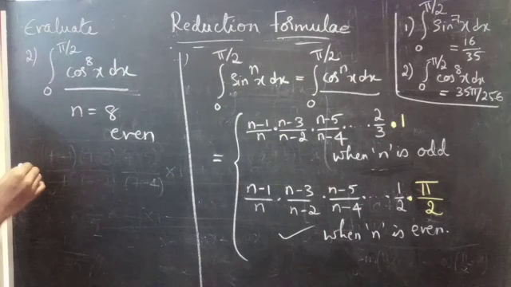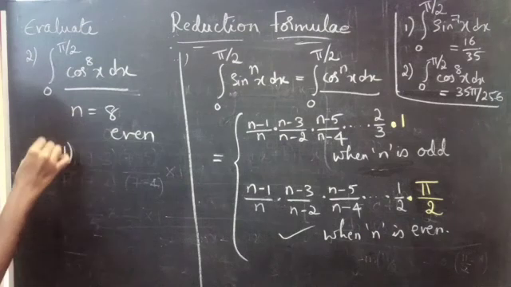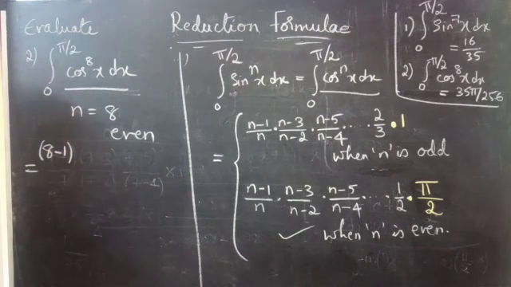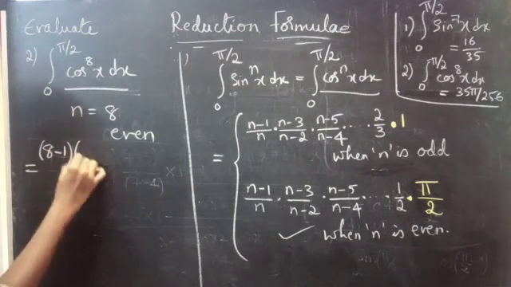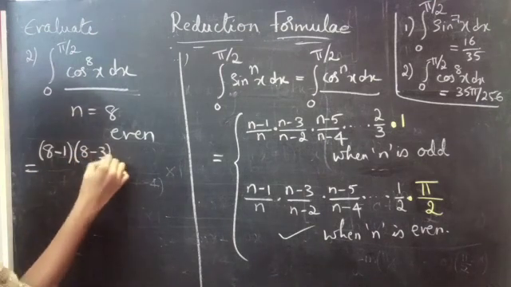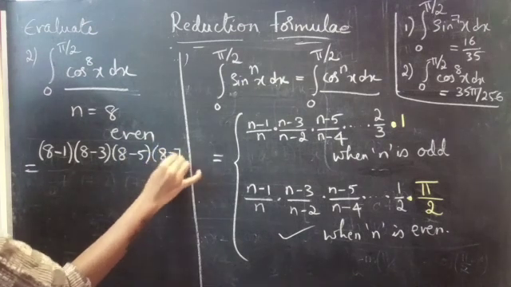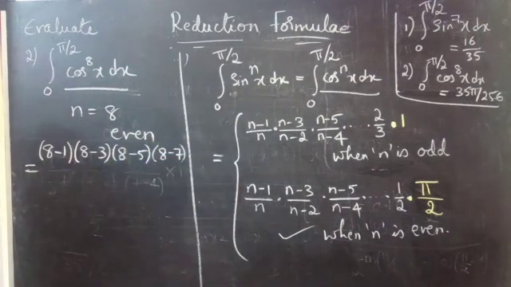So now this equals 8. 8 minus 1, what are we doing here? We are just subtracting odd numbers from 8: 8 minus 3, 8 minus 5, 8 minus 7. Next you will get 8 minus 9, so you should not include any negative numbers. n must be positive here.